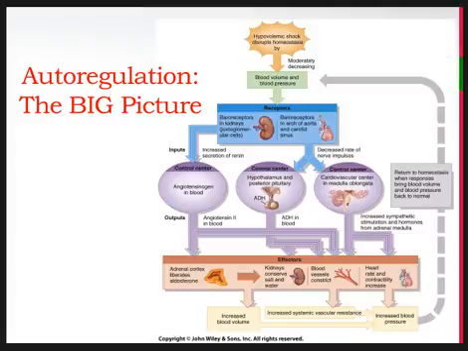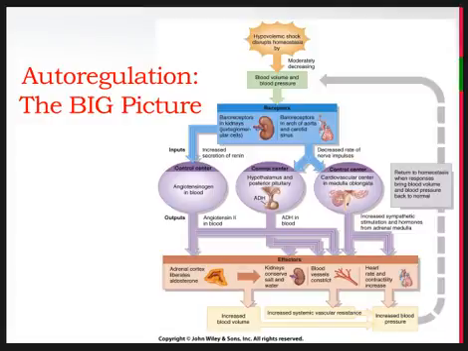By retaining that salt and water, we're going to increase the blood volume. The other thing that angiotensin 2 does is it causes a localized or even a systemic vasoconstriction. By decreasing the lumen size in those vessels, we're going to increase vascular resistance, and as we've said time and again, increased vascular resistance means an increase in blood pressure.